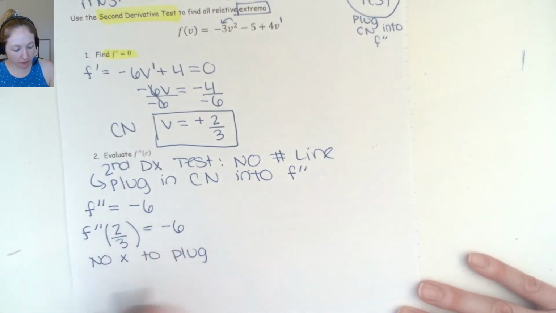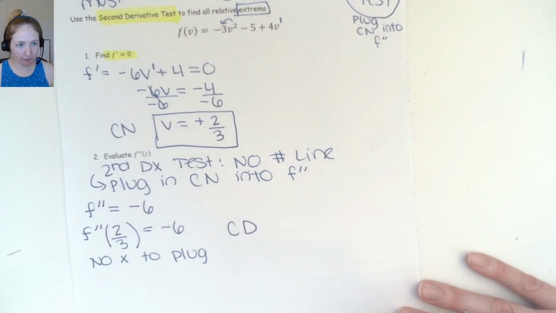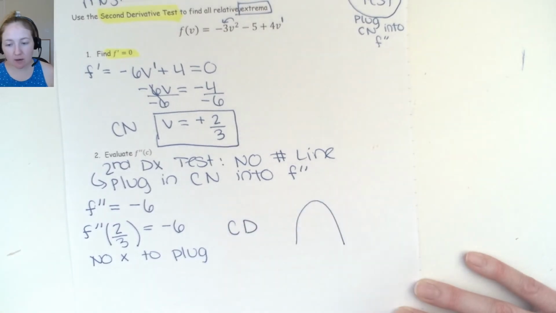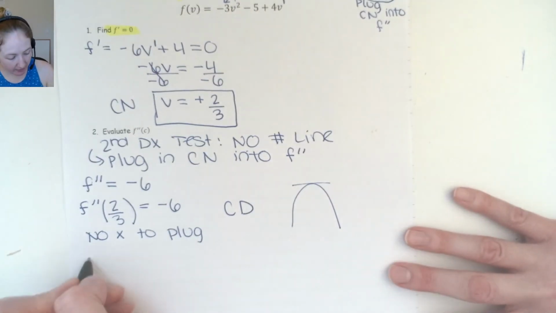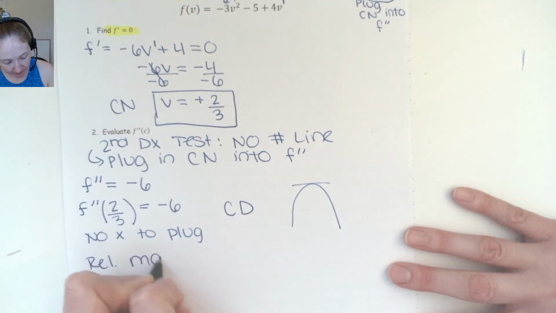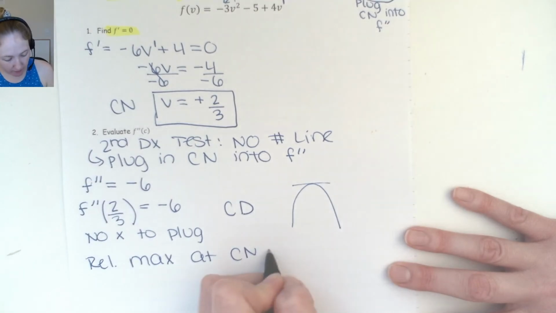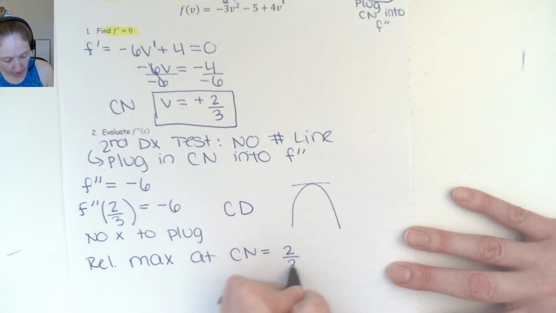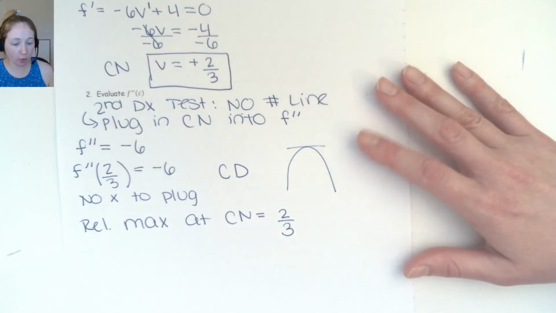And when your second derivative is negative, that tells us it's concave down. Now, if it's concave down, what should we have at that horizontal tangent? We would have a relative max at the critical number, specifically the critical number here of 2/3. So this is where they do want the max point.